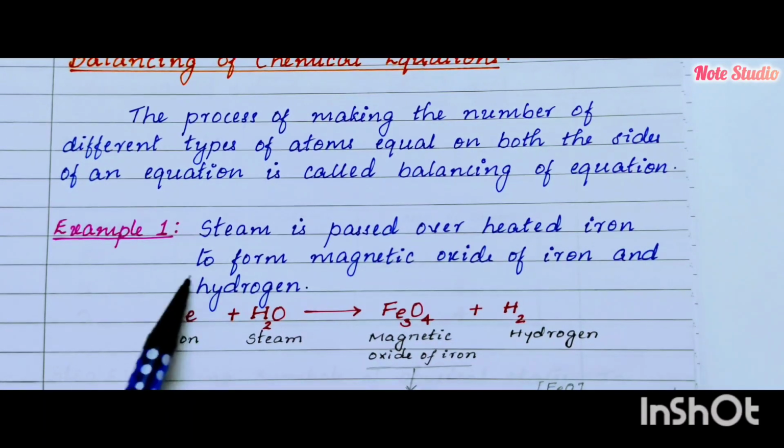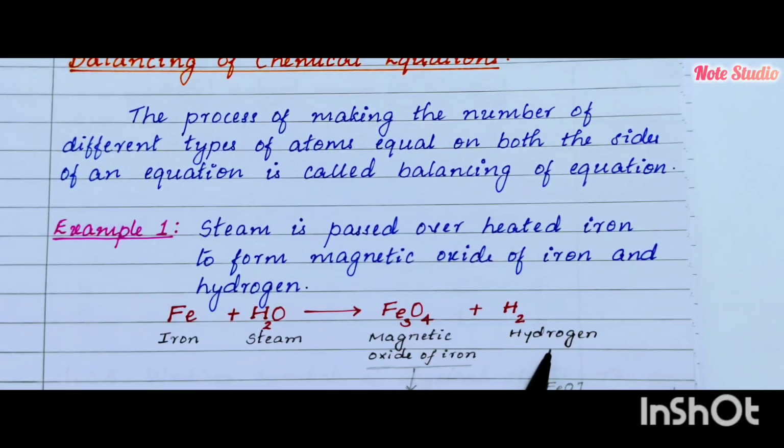Now Fe is nothing but iron, H2O is nothing but here, H2O is in the form of steam. Then we are getting two products, Fe3O4 and H2 hydrogen gas. Fe3O4 is nothing but magnetic oxide of iron.